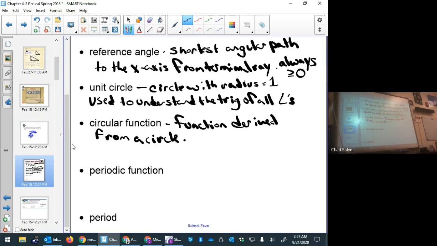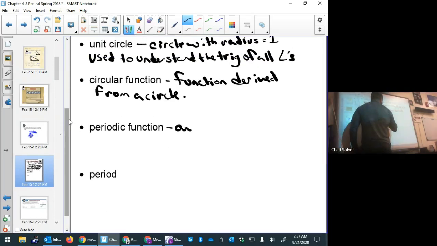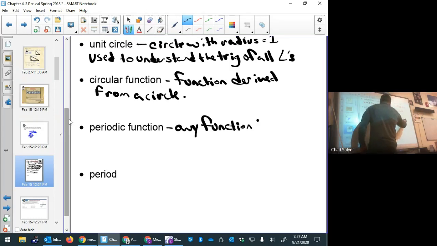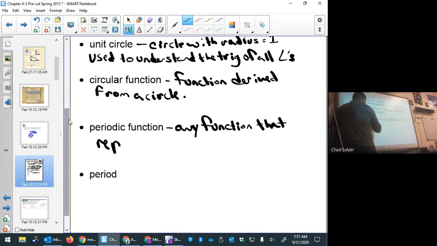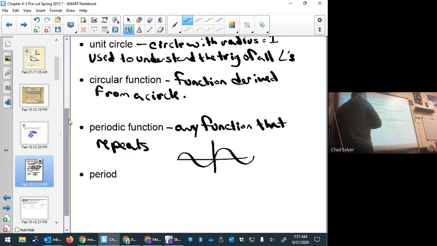All right, periodic function. So this is any function that repeats. Like so. Any function that does the same thing over and over and over again.